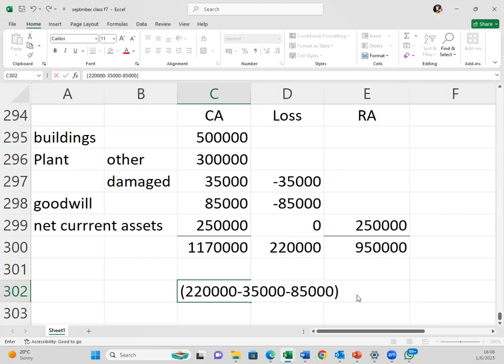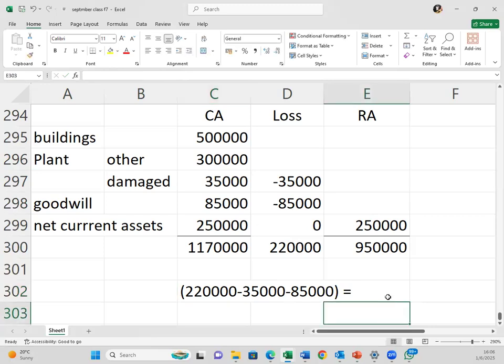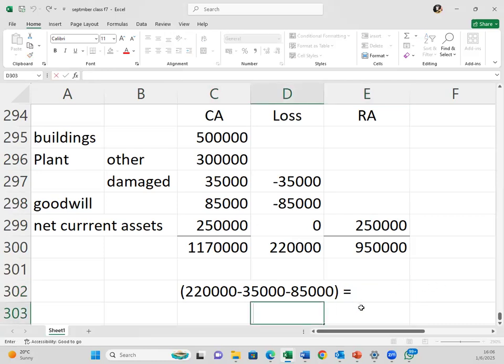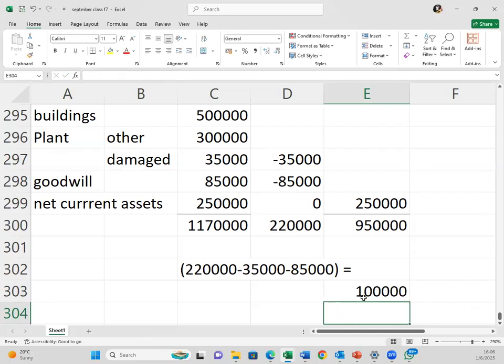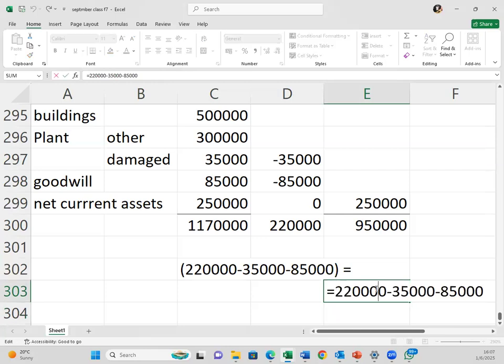The remaining impairment then, let's work it out here. Those 220,000, we deduct the 35,000, we deduct the 85,000. So that's 100,000.